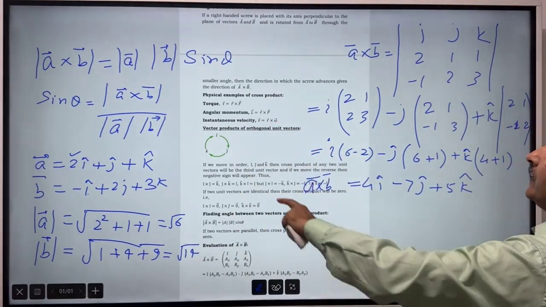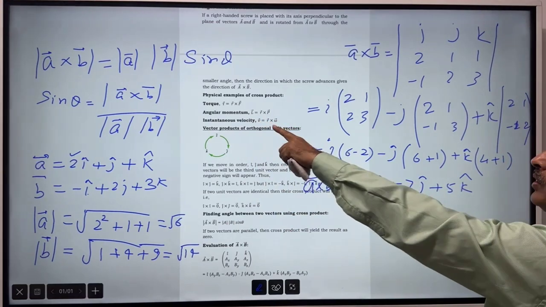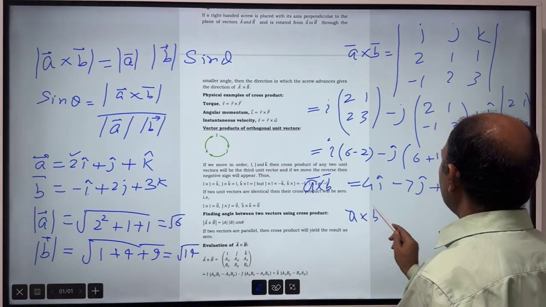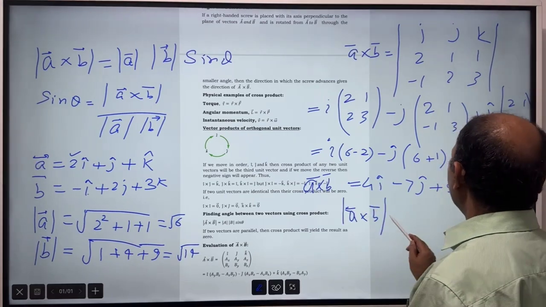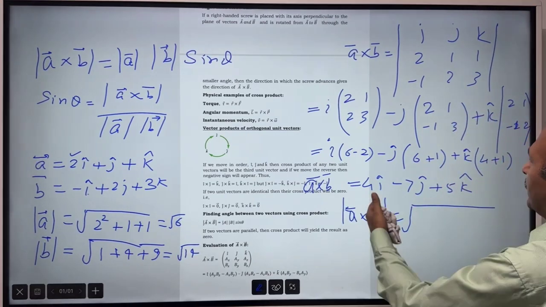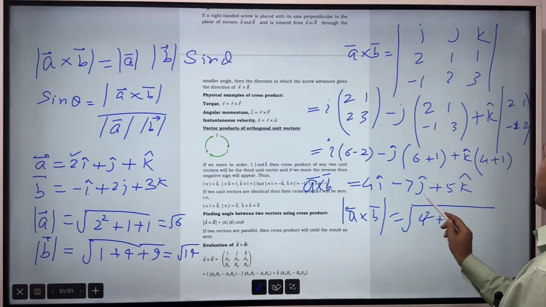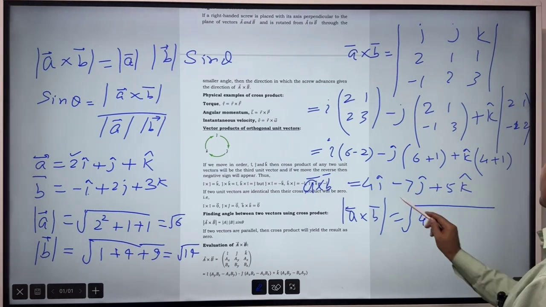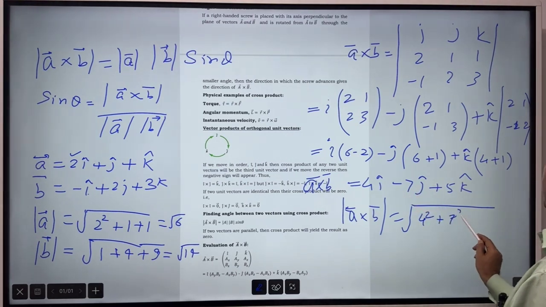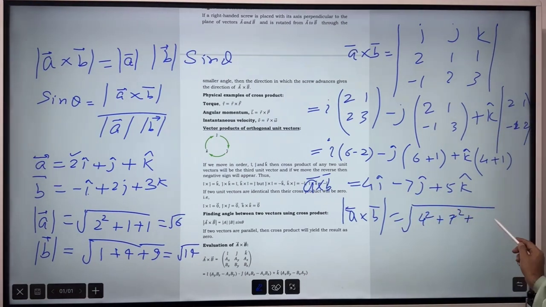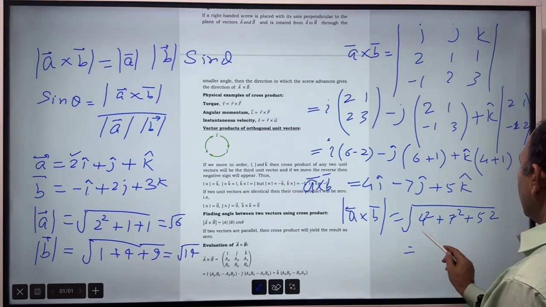Now in the formula we need the modulus of A cross B, so let's find it. The formula of modulus you know very well. We just take the coefficients and square them, then put a plus sign in between. So minus 7 square will give just 7 square, because the minus sign should not be included. It is getting squared. 5 square. Let's simplify it.